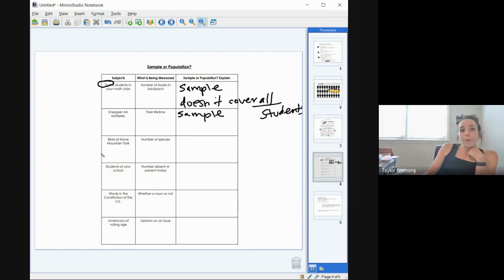All right. Birds at Stone Mountain Park and the number of species. Is that a sample or is that a population? Brandon said it's a sample. Anybody else say it's a sample or a population?